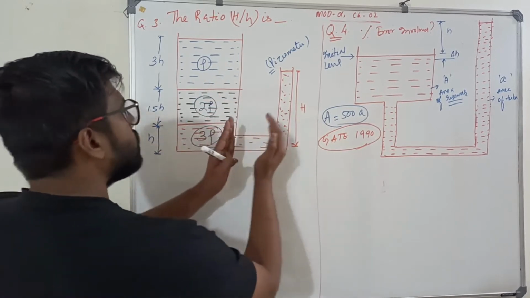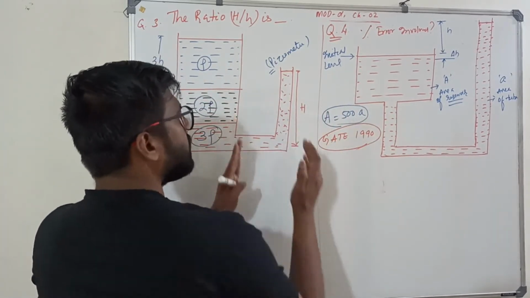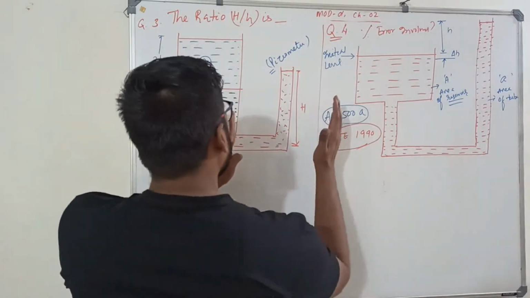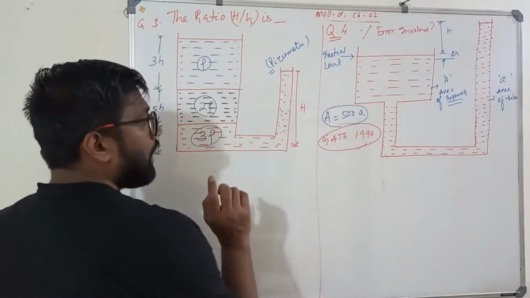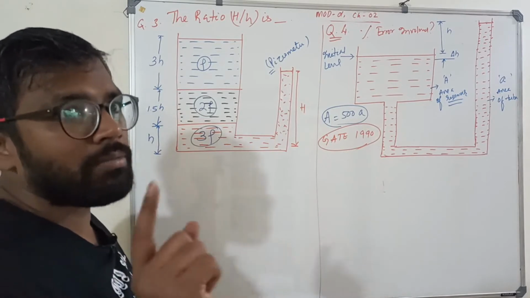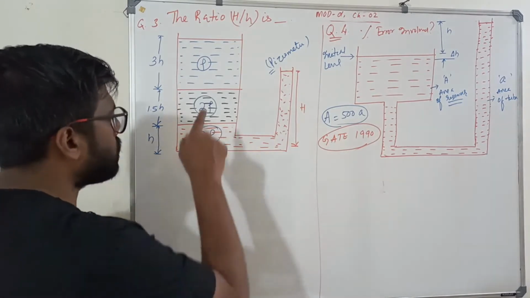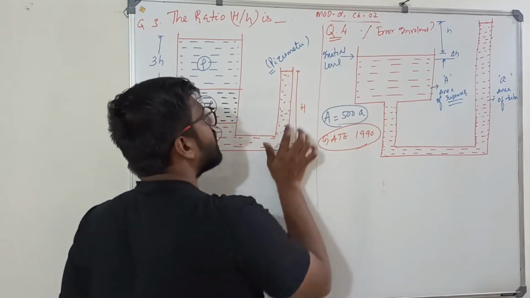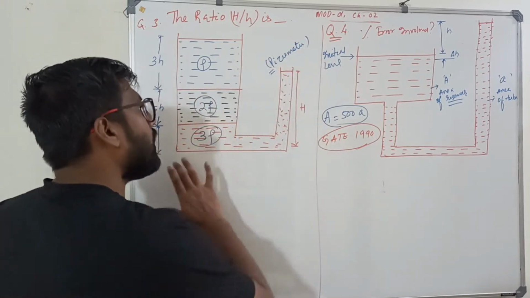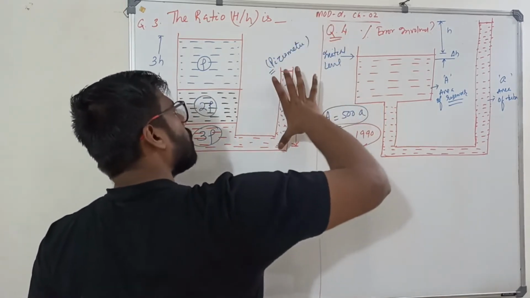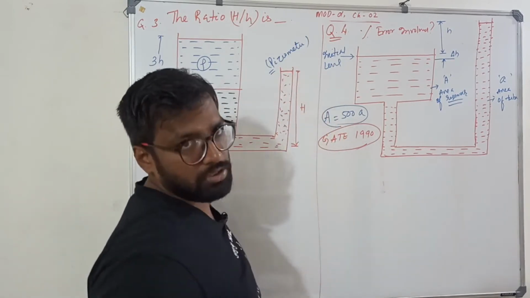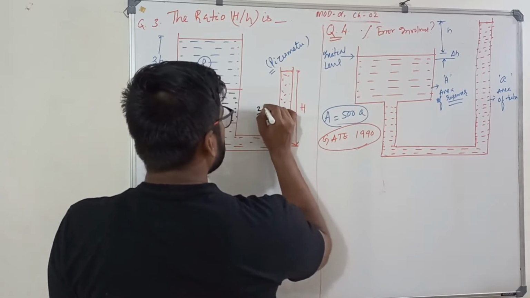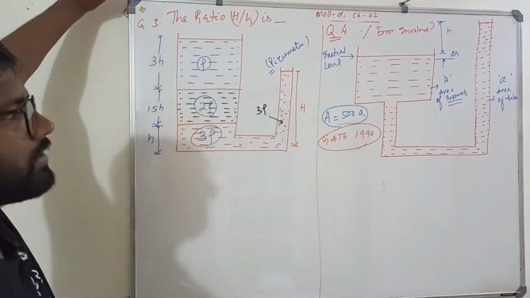Now you have connected a piezometer here. You need to know the total pressure in this pipe. I told you the fluid in the piezometer is the same as that of your container fluid. So what is the bottom fluid? 3 rho. The same fluid has gone into the piezometer and occupied a height of capital H. So the density of this fluid is 3 rho.